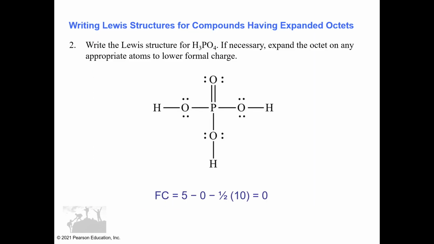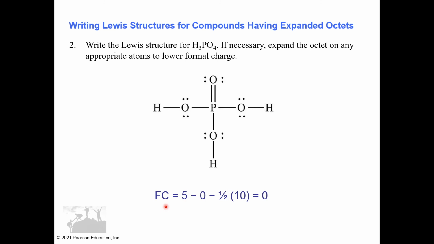Here is the Lewis structure for phosphoric acid. The formal charge calculated here is for the phosphorus because we've already seen the formal charges for hydrogen and oxygen with 2 lone pairs. They're all 0.